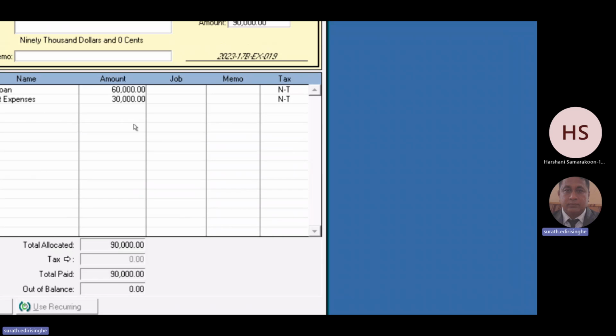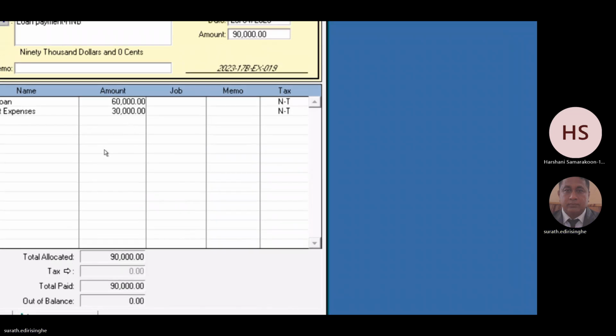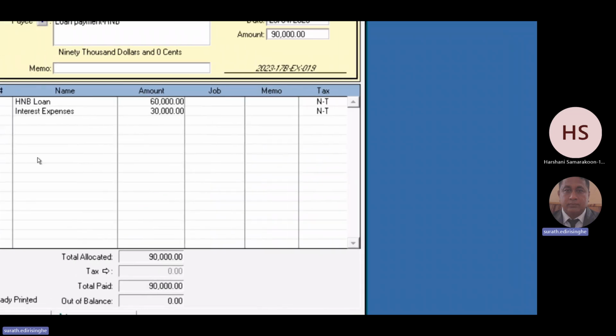Then you compare this entry. Debited on HNB loan account means already you have a long-term liability of 500,000. Set off the capital to capital, then it reduces to 410,000 after paying this amount.